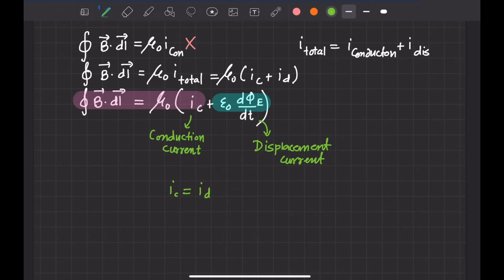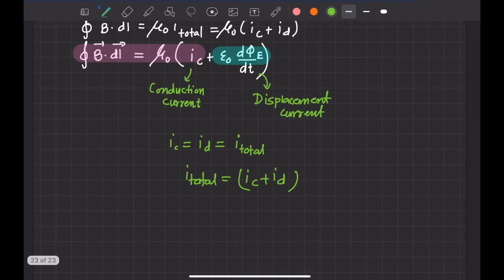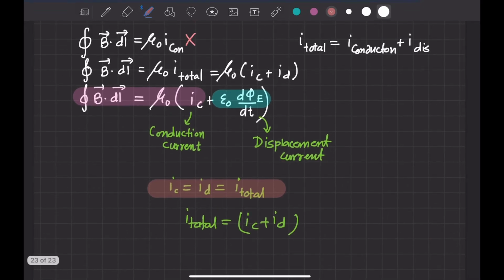Okay, and more interestingly, this is equal to I total. So although I total is equal to IC plus ID, at all the places in the circuit, either IC equal to 0 or ID equal to 0. So this equation always holds true, that IC equal to ID equal to I total. Okay, that is the one thing that you should remember.